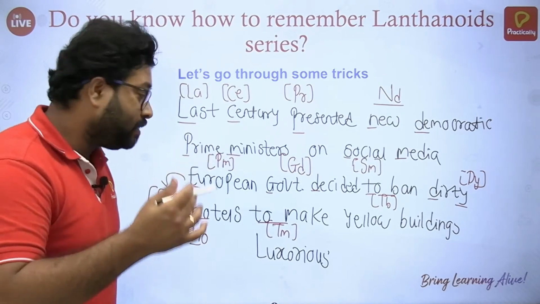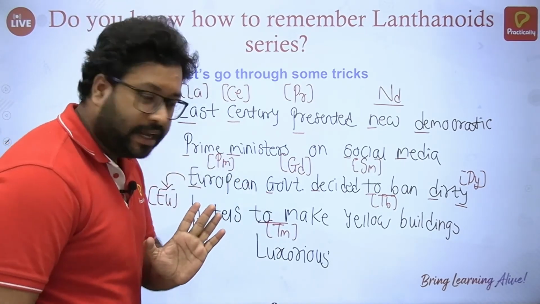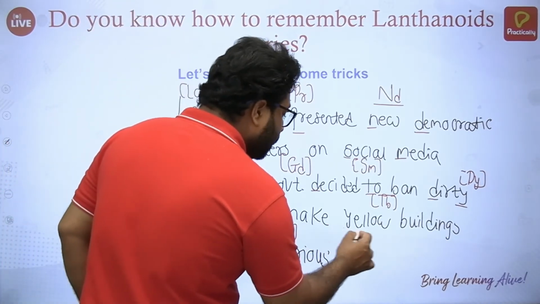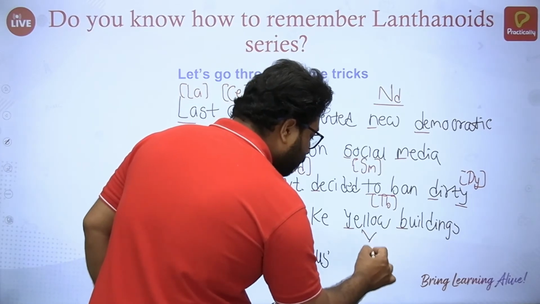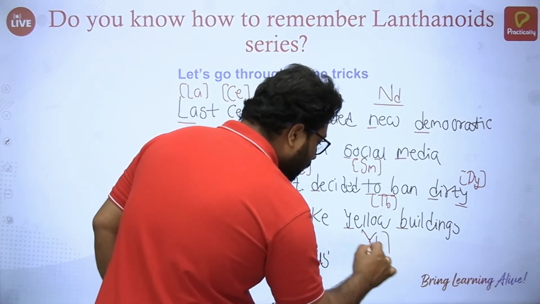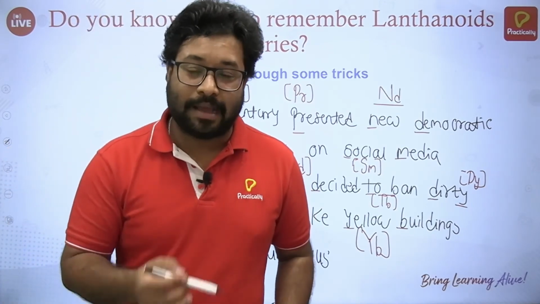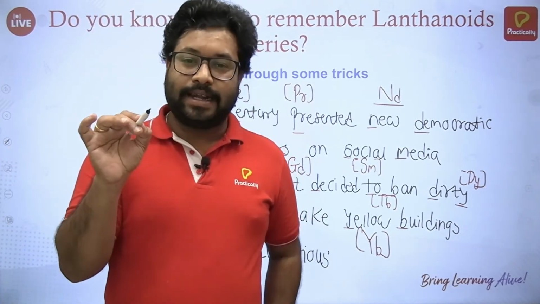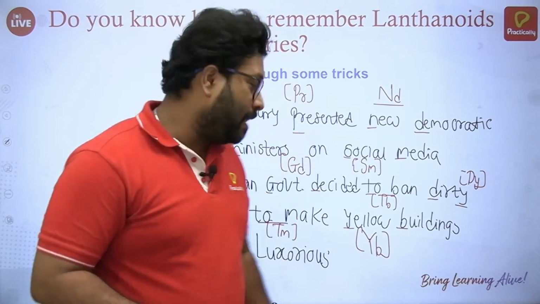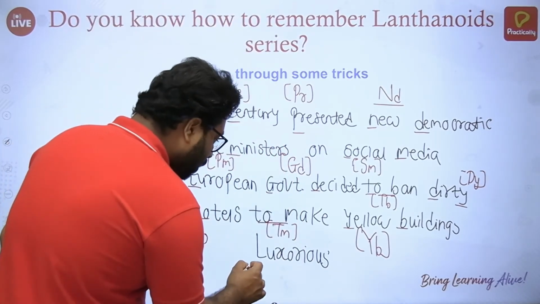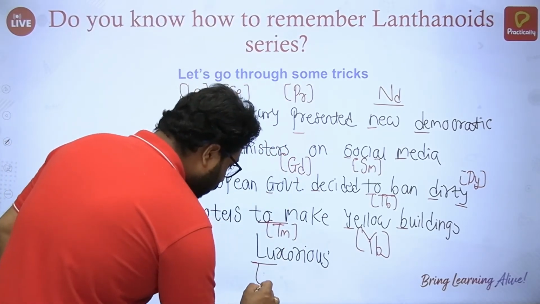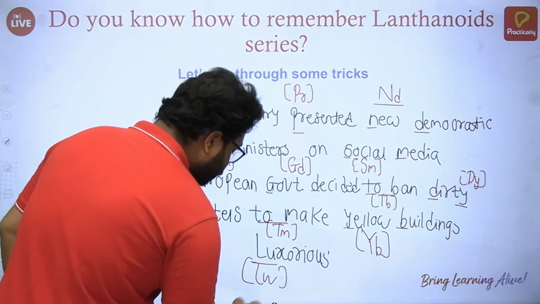Then yellow building, YB, ytterbium. I know it sounds funny, but it is like that. Ytterbium. And lastly, you have LW, lawrencium.